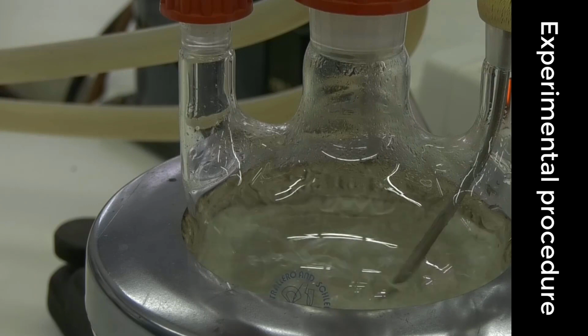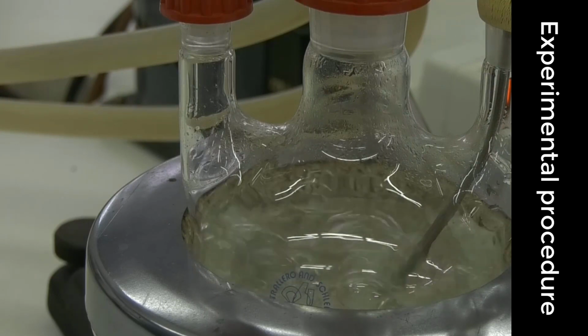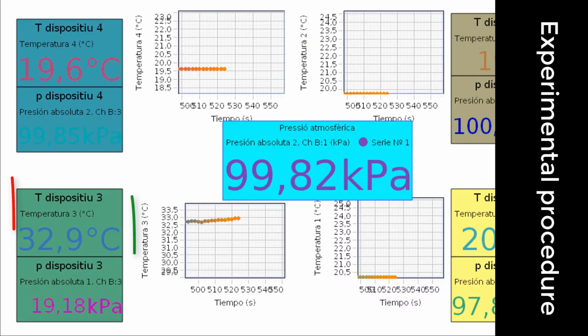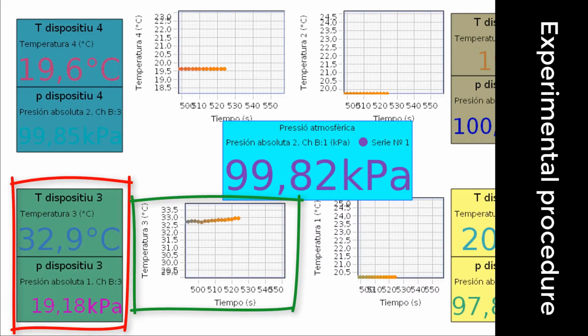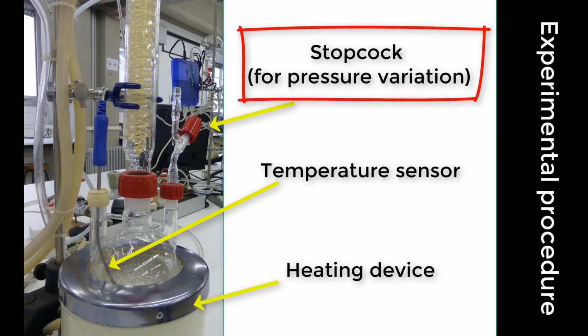If we then heat the liquid inside the flask till it boils, and we let the system stabilize so that the temperature does not vary, the pressure can be varied on demand. To do so, we can use the stopcock valve to change the pressure inside the flask.